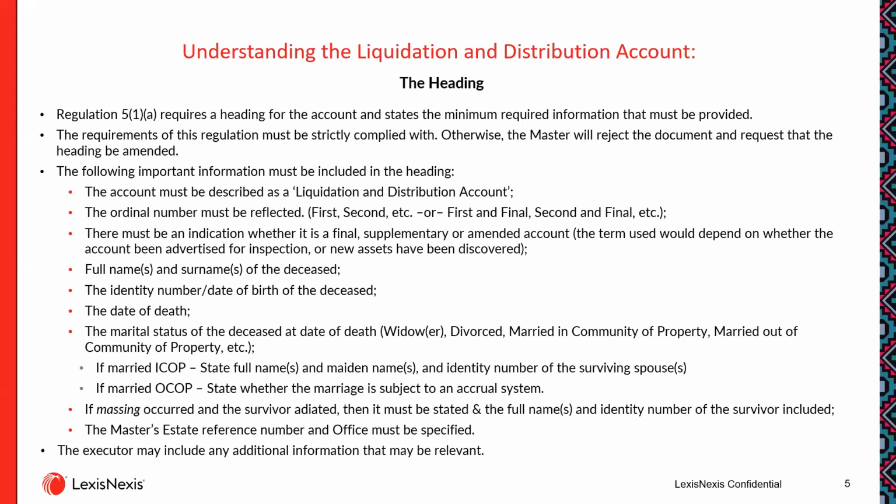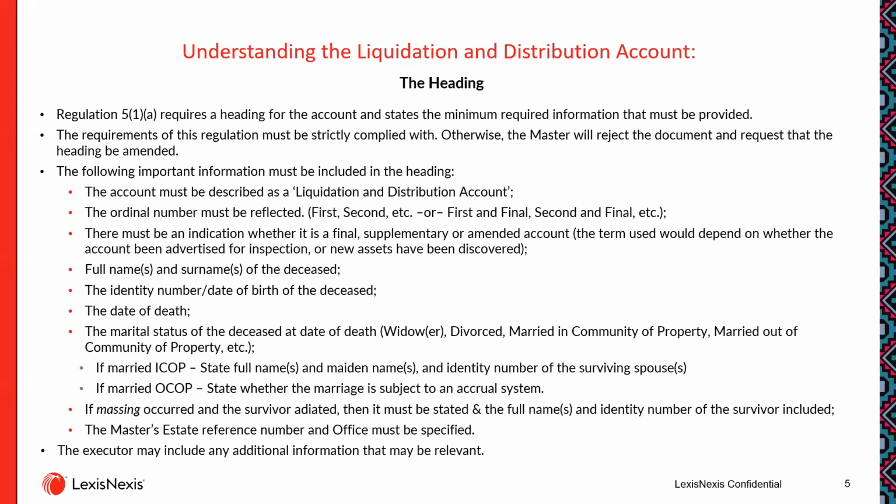And if the deceased was married out of community of property, we need to state whether the marriage was subject to accrual or not. So you'll see with the marriage out of community of property, it's not necessary for us to include the names and identity numbers of the spouse, but we do need to indicate whether the accrual system was applicable.